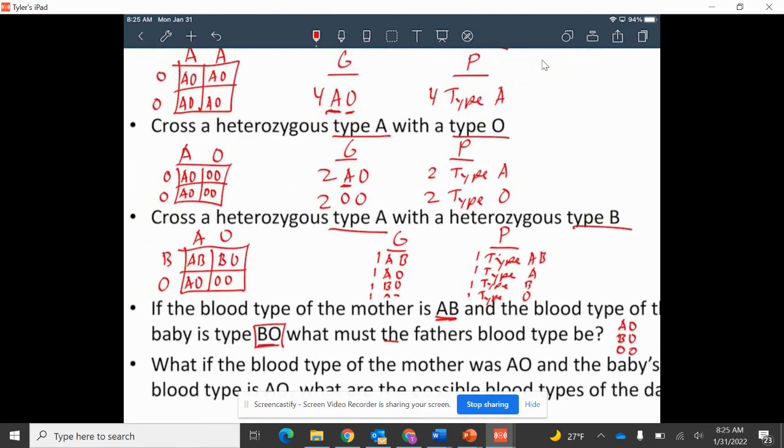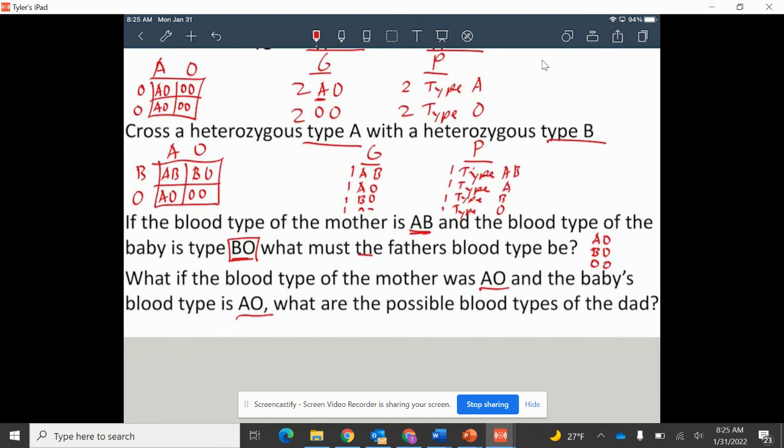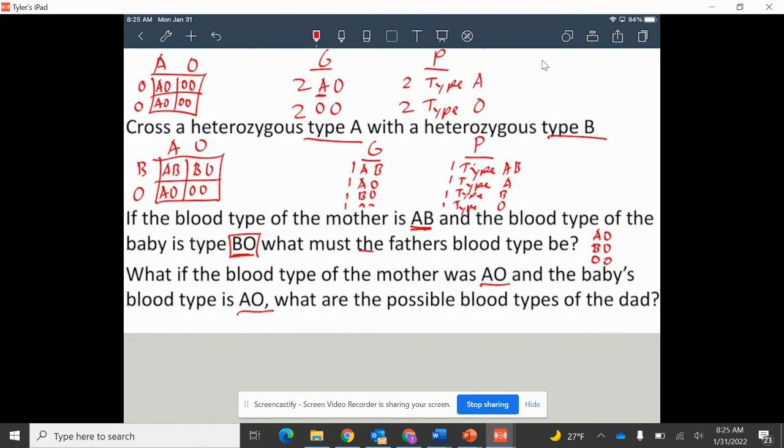And then we see the same thing down here. If the mom is AO and the baby is AO, what could dad be? Well, if mom is AO and baby is AO, mom could have passed down the A or the O. We don't really know.